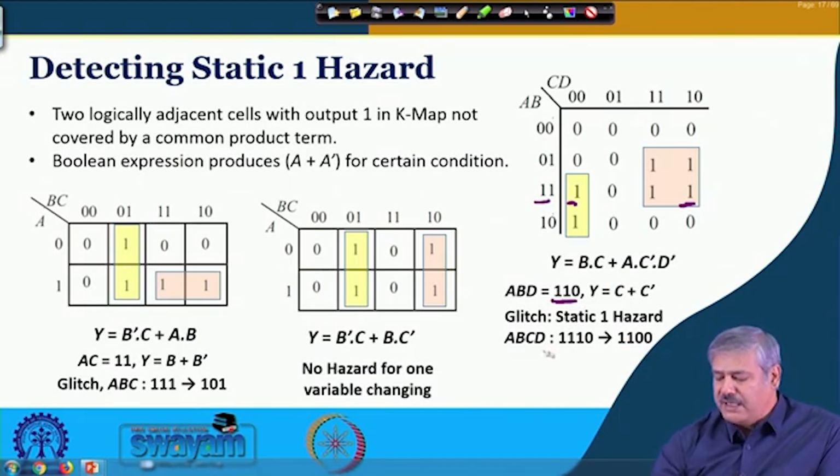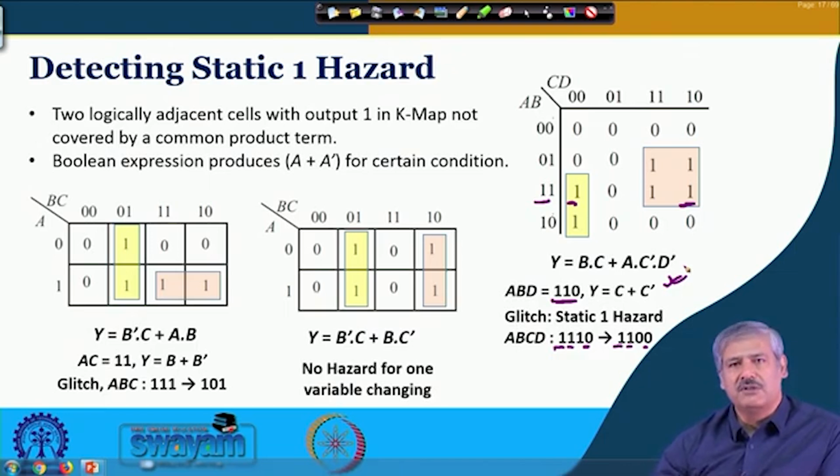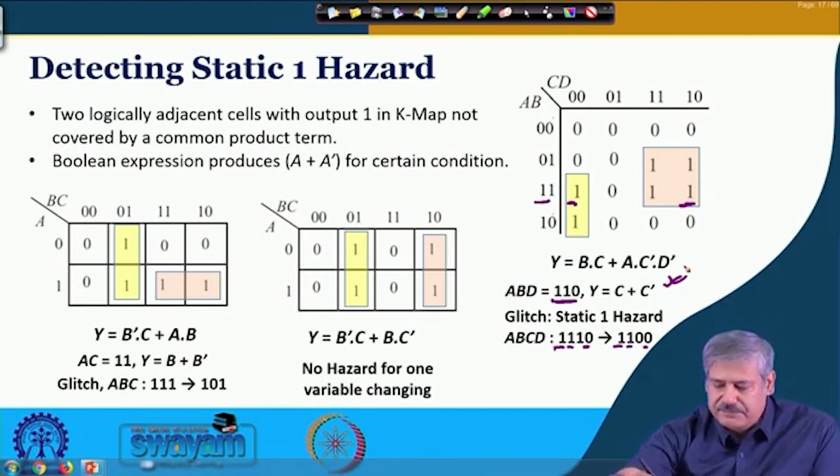So, with A and B remaining at 1 and D remaining at 0, and C going from 1 to 0, we are having a glitch. Also from the Boolean expression we can find it out. This is just examining whether this rule prevails or not, and we can find out the condition when the glitch will occur, and this is how we can detect static 1 hazard.